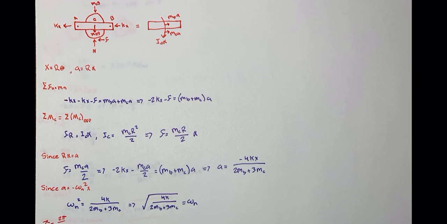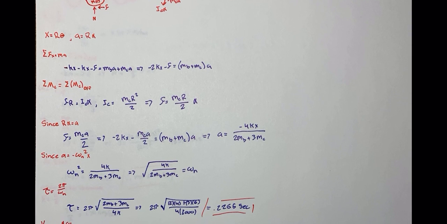If we take the moment about c, we get fr is equal to Ic alpha, which, if you plug in Ic and solve for f, becomes f is equal to mc r over 2 times alpha. Since r alpha is equal to a, we can simplify that equation down to a is equal to negative 4kx over (2mb plus 3mc).